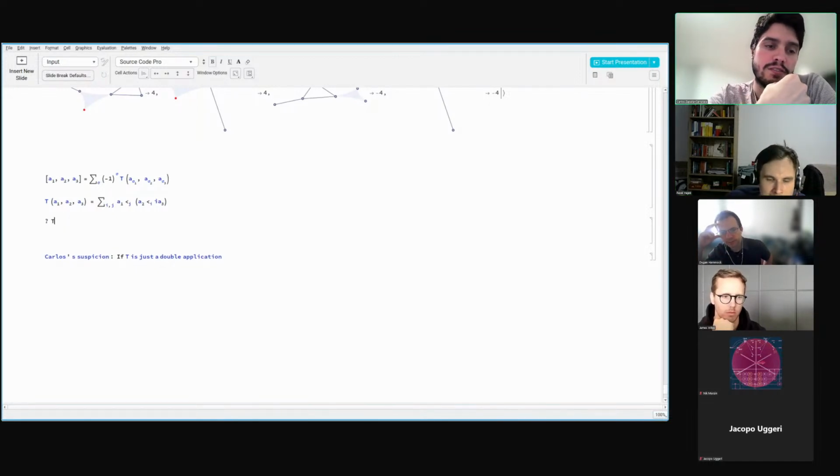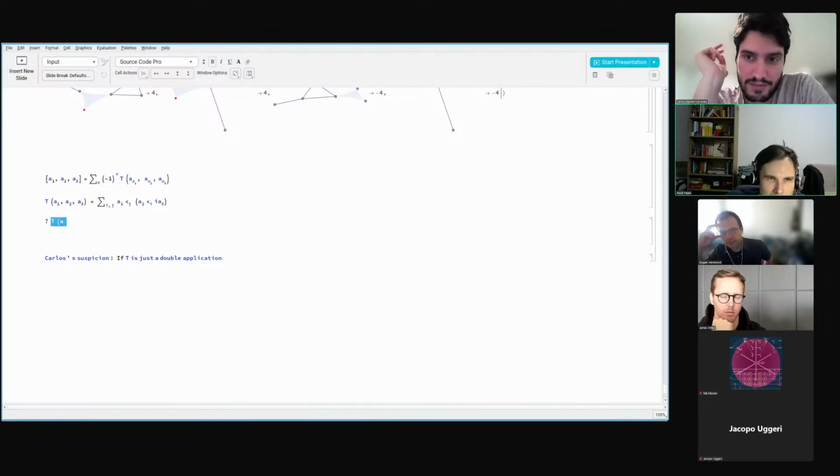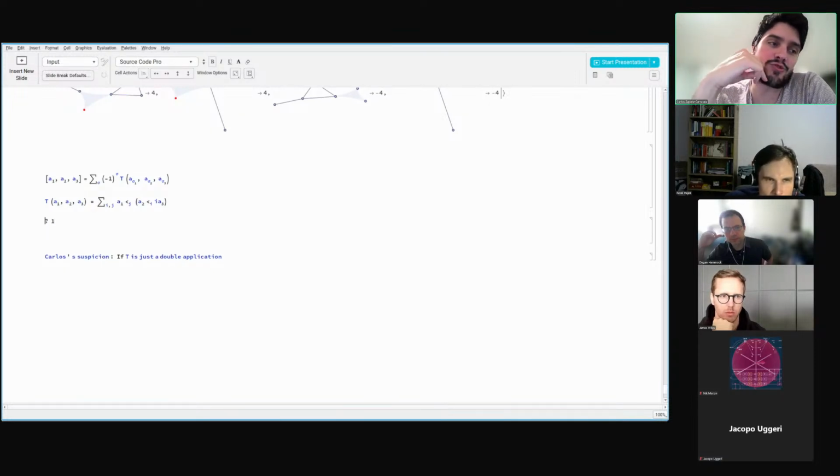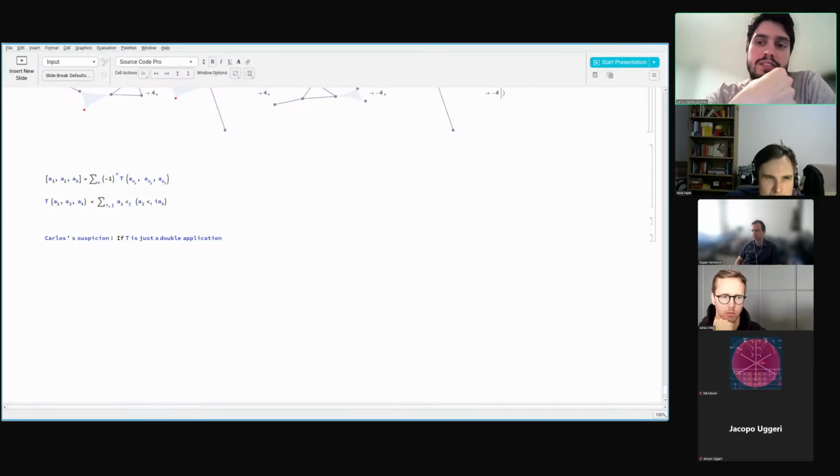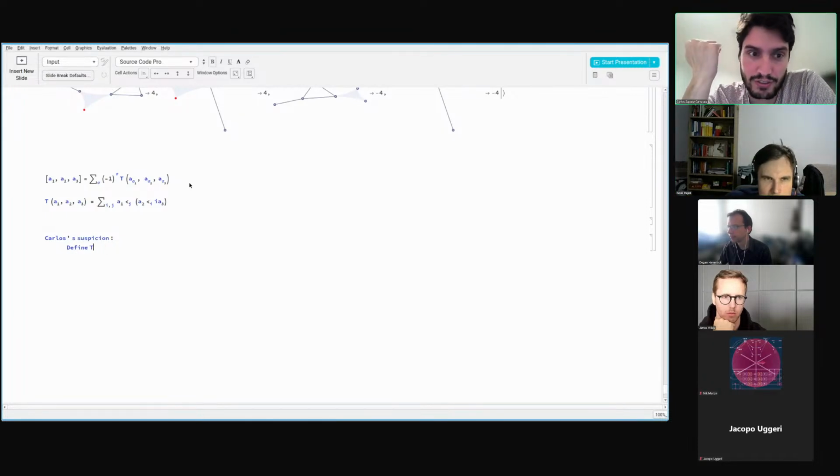Okay. Maybe. But even if it isn't, what I'm trying to say is: define a ternary operation to be T of A1 of T of A2, A3. Just define it to be that. And then fully antisymmetrize that operation like above.